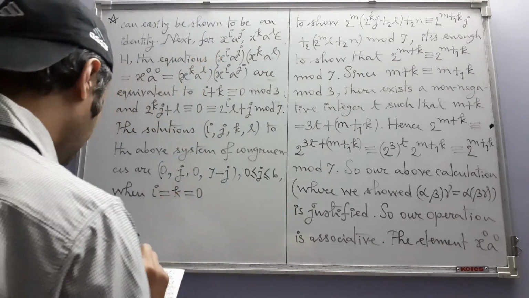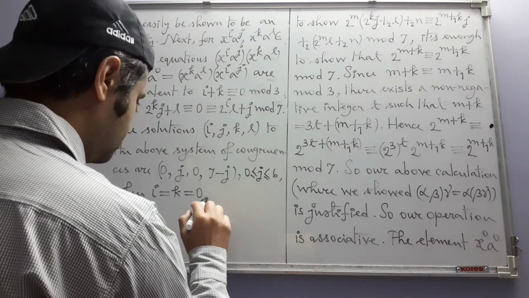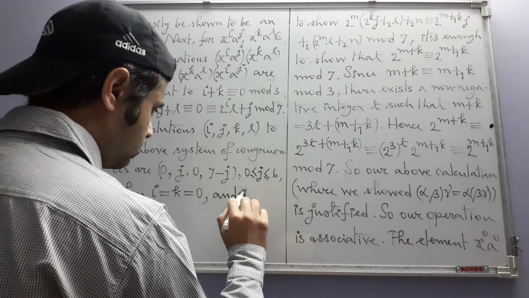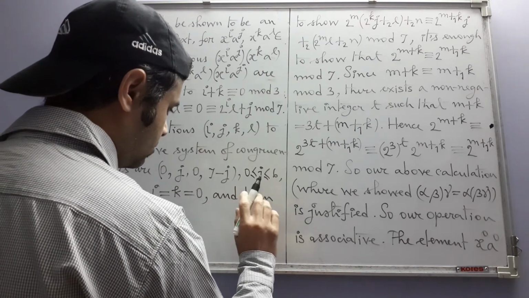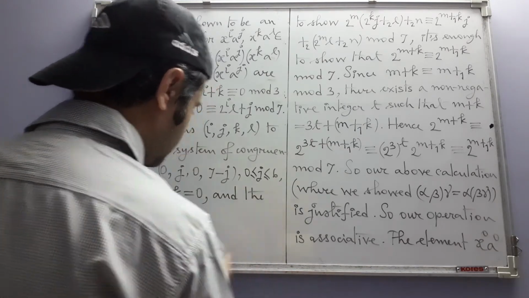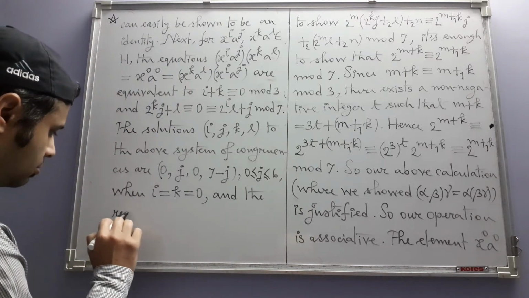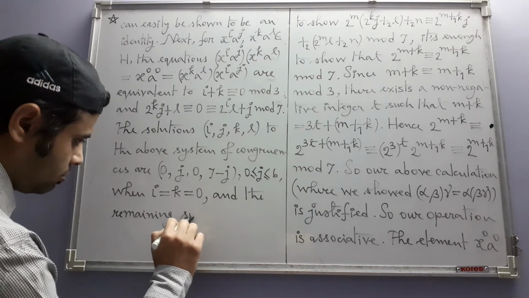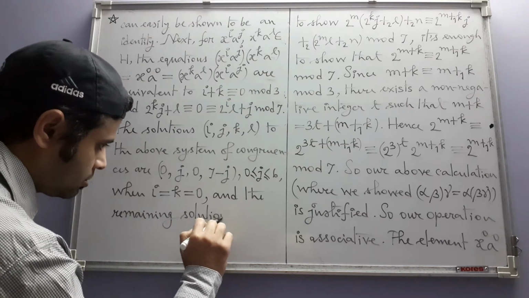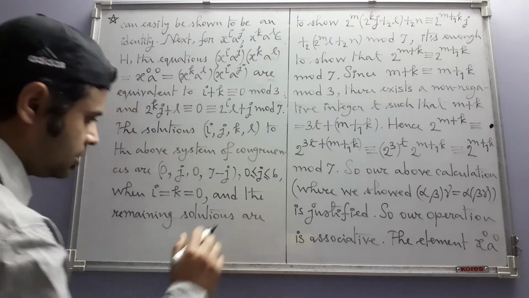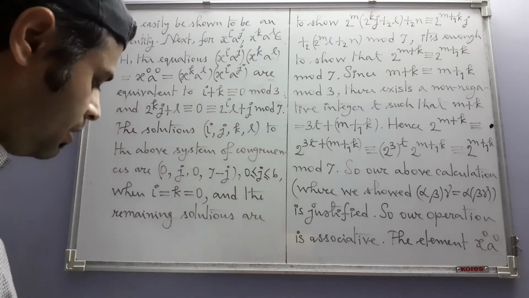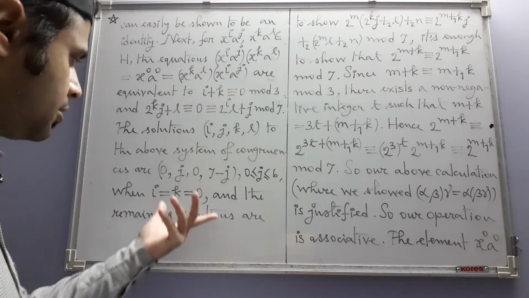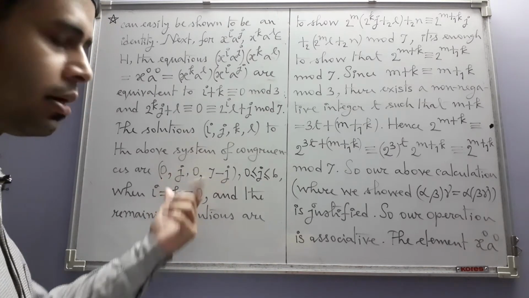And when they are not 0, the remaining solutions are, which unfortunately I haven't been able to find any pattern to write in a systematic manner like this.